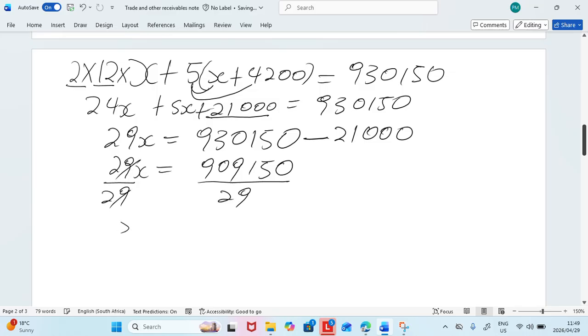29 will cancel 29. X is equal to 31,350. Directors were getting 31,350 per month.